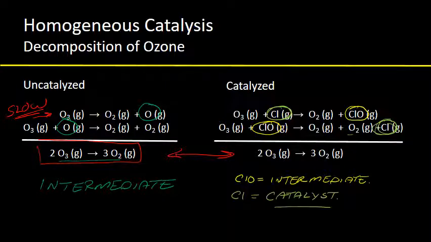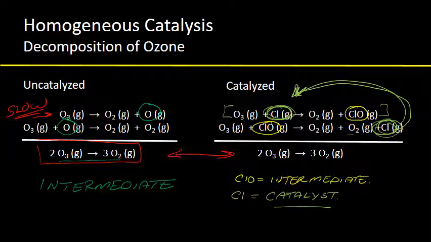Okay. And notice that as this reaction goes, the chlorine is important for speeding up the reaction by providing this low energy rate determining step, but the chlorine is then reproduced later in the reaction, so it can come back and do the same thing again. It goes through the cycle, comes back and does it again, right?